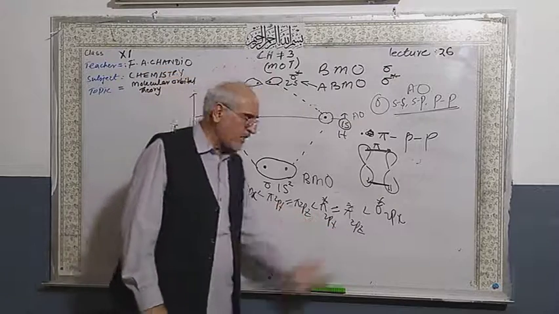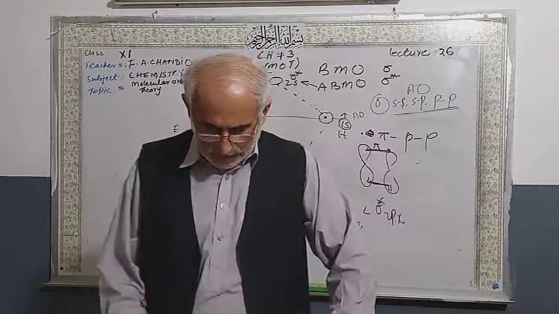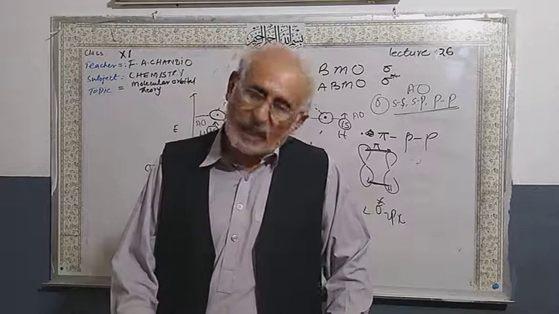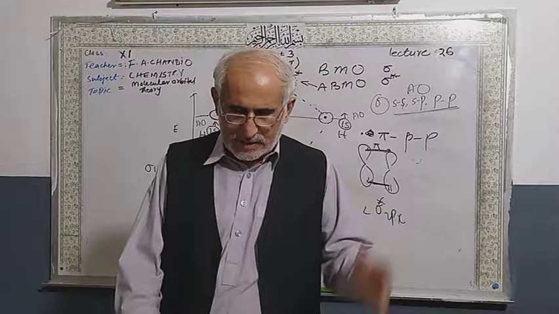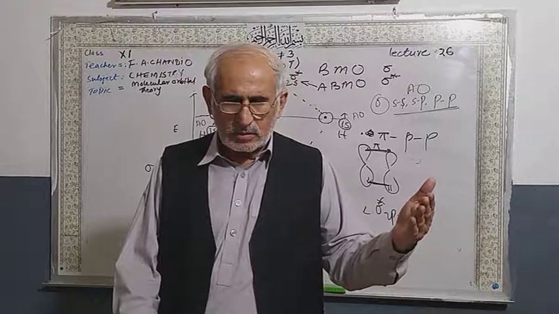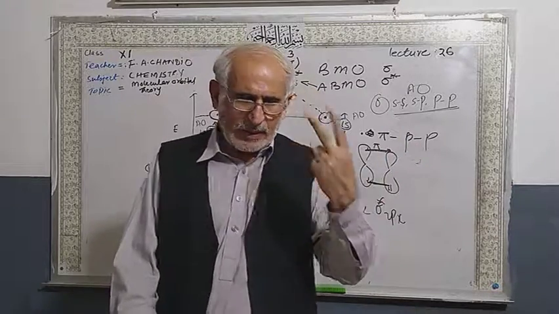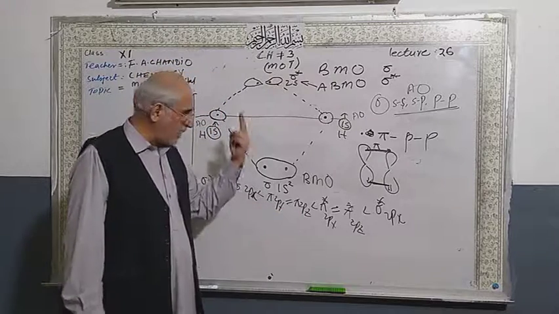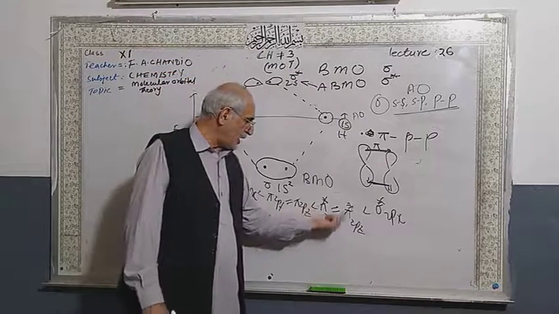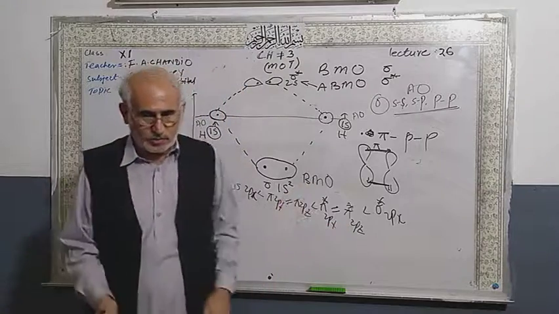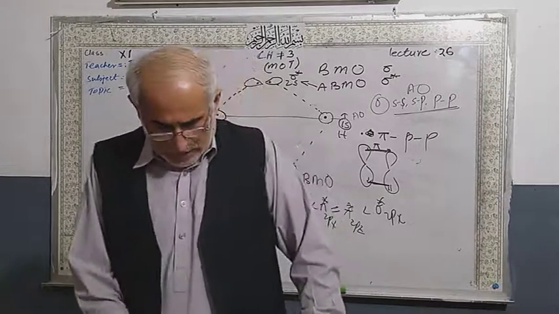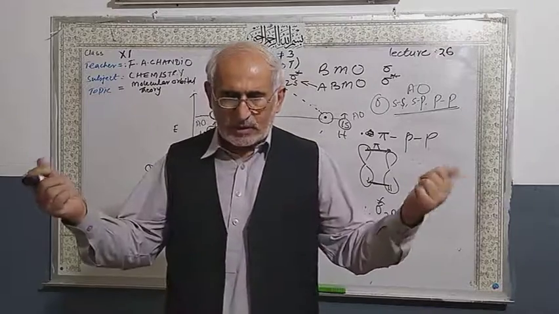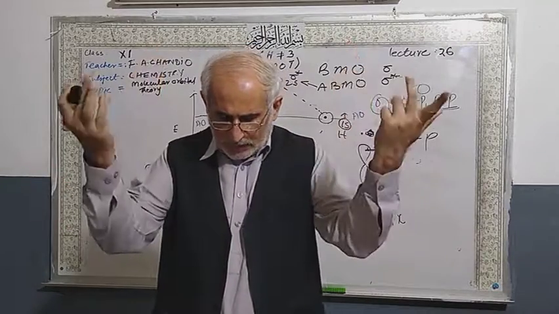Six molecular orbitals, three bonding and three antibonding. Sigma and sigma star are one pair, pi 2py and pi 2pz is the second pair, and pi star 2py and pi star 2pz are the third pair. Six in total. Linear overlapping gives a sigma bond, parallel overlapping gives a pi bond.